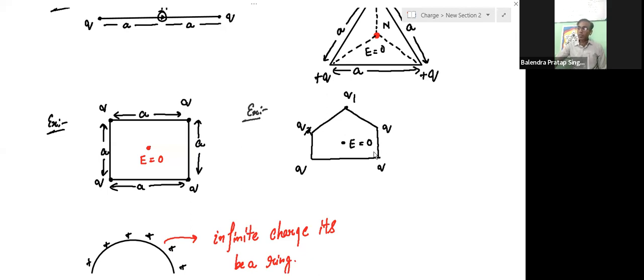Now take your notes, and after this I will solve one more problem related to this system of charges. Up to now I only considered two charges.